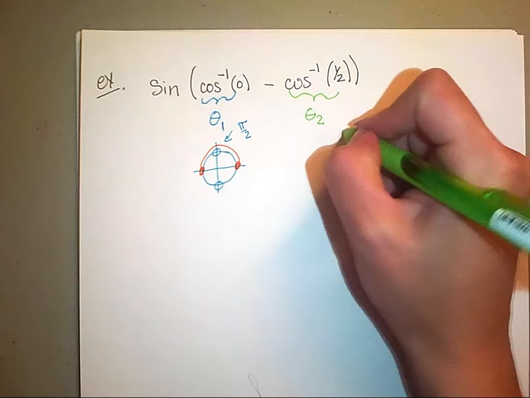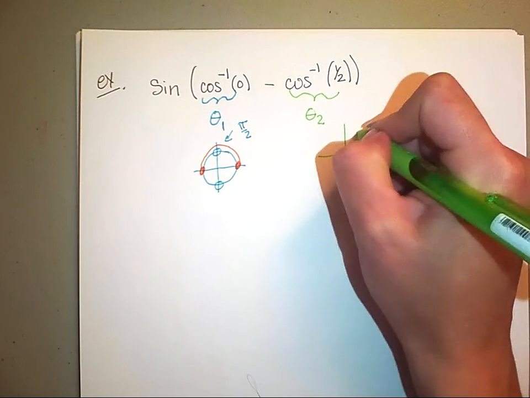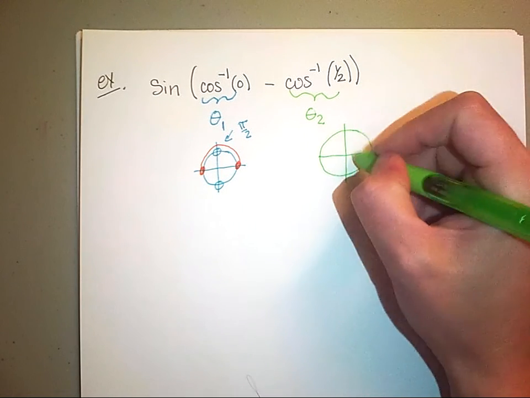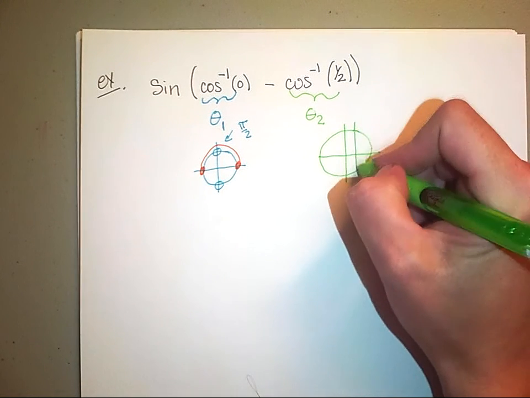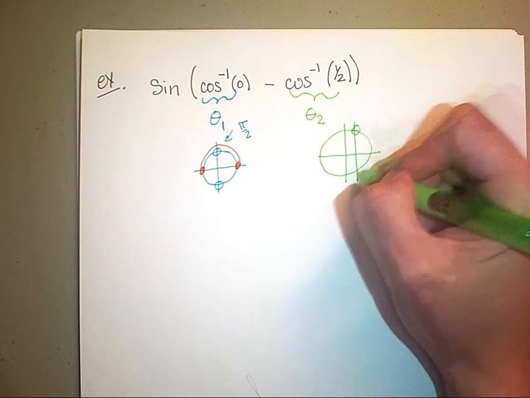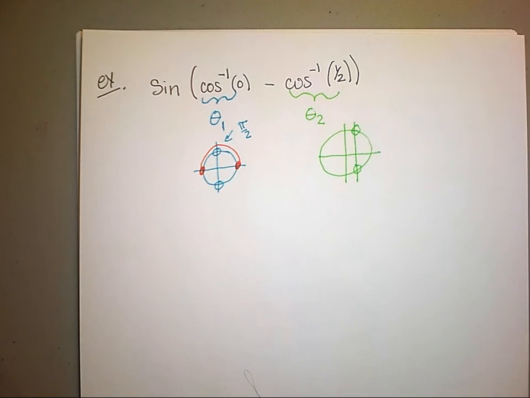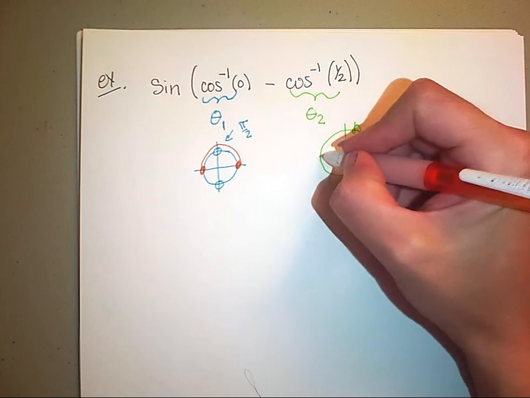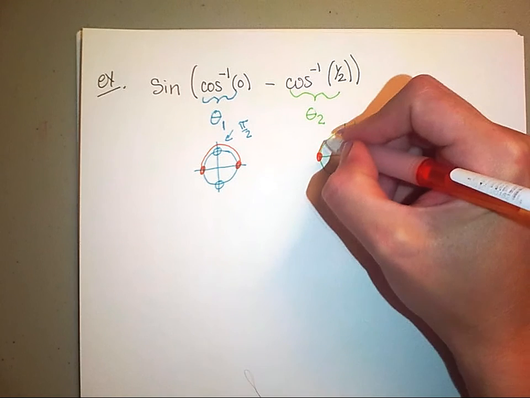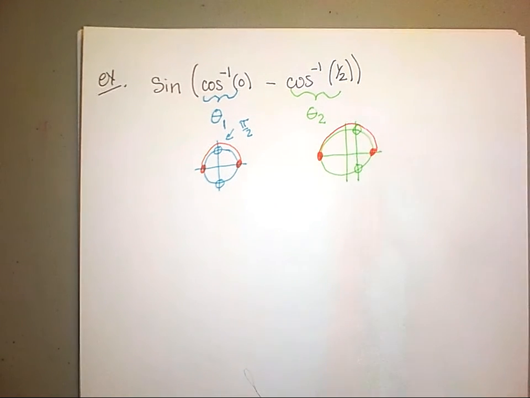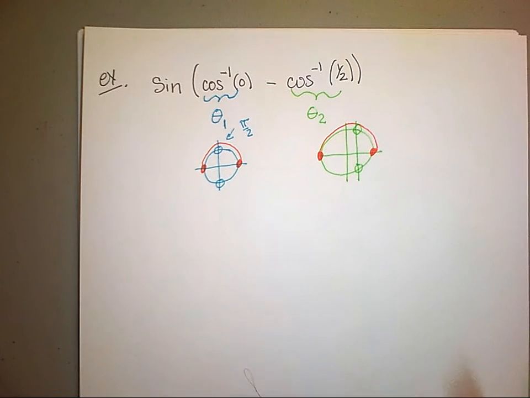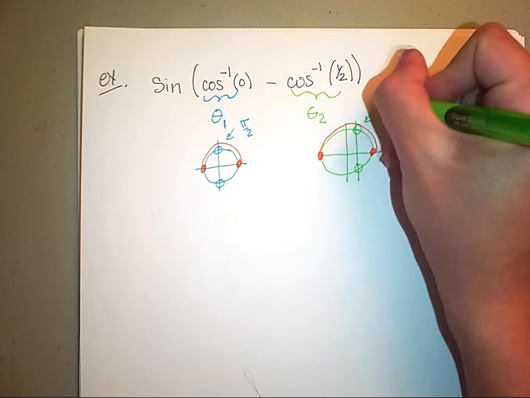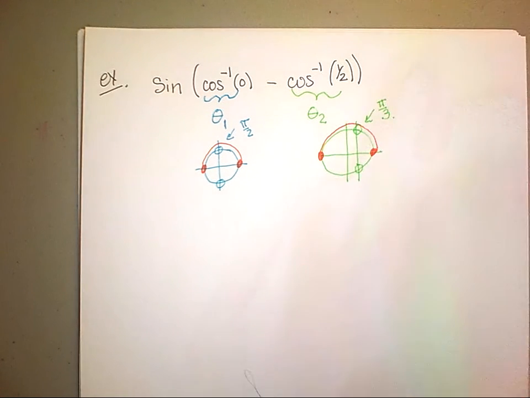And we can do the same thing with the inverse cosine of 1/2. The cosine being equal to 1/2 happens here twice. And again, we decide which one it is by using the restrictions. So that means we pick this angle, and this angle is pi over 3.